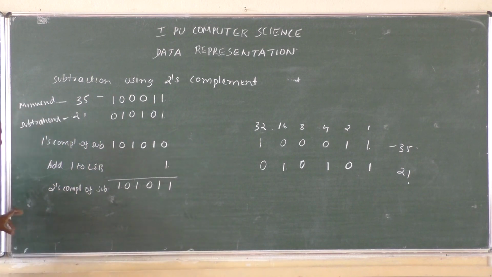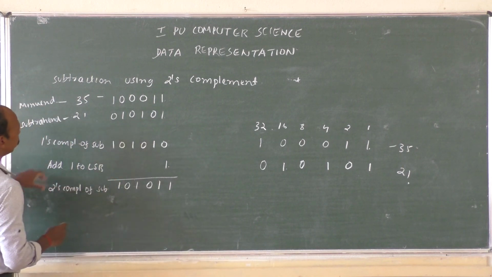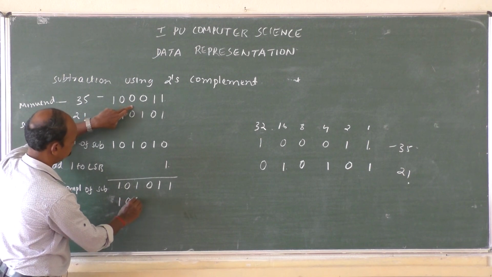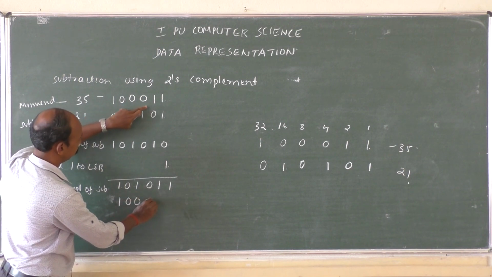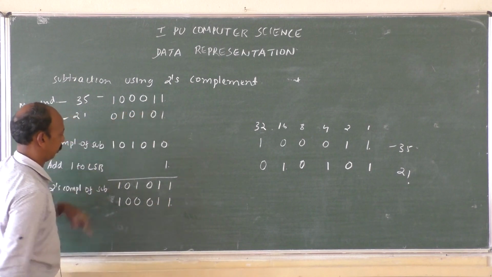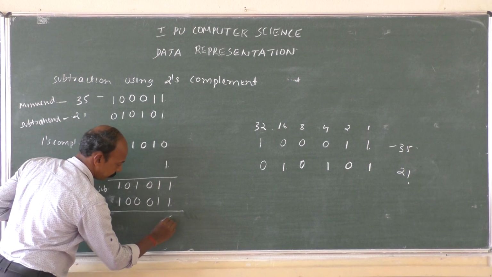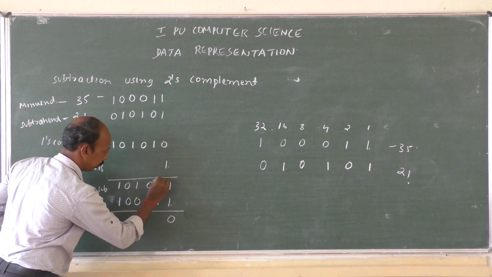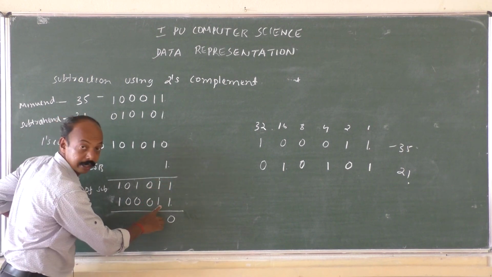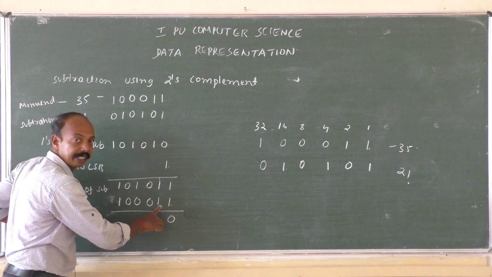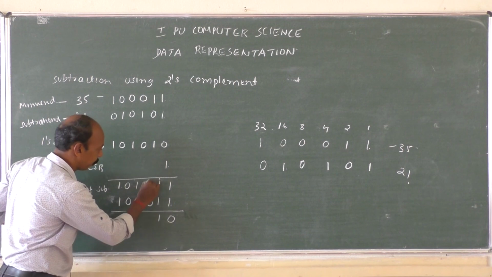Right? Now add the minuend to this. What is the minuend? 1, 0, 0, 0, 1, 1. Add it up. 1 and 1 is 0 with carry 1. Here carry 1. 1, 1 and 1. 3 ones are there. If there are 2 ones, 0 with carry 1. If there are 3 ones, 1 with the carry 1.